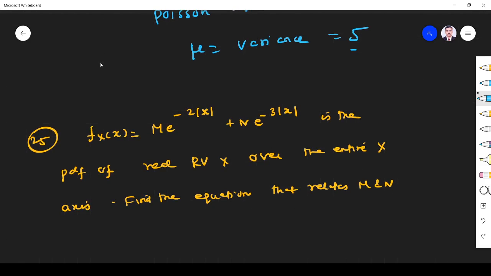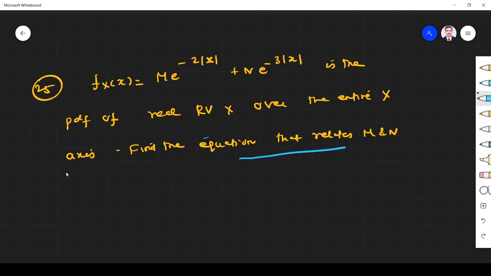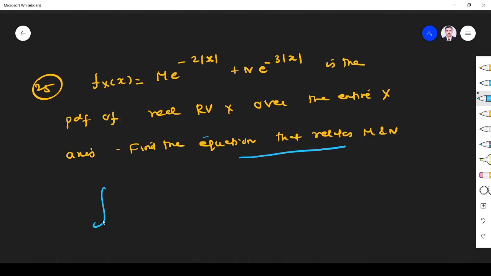Next, if f of x is equal to m e power minus 2x plus n e power minus 3x is the PDF of a random variable x over the entire x-axis, find the equation that relates m and n. They have given it is a PDF. So PDF means, as usual, the integral from minus infinity to plus infinity of f of x dx is equal to 1.